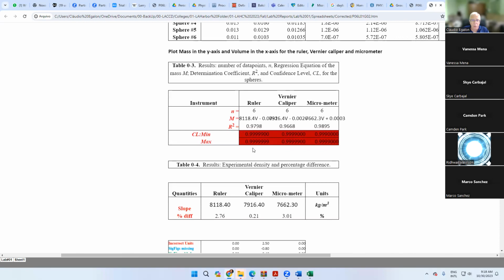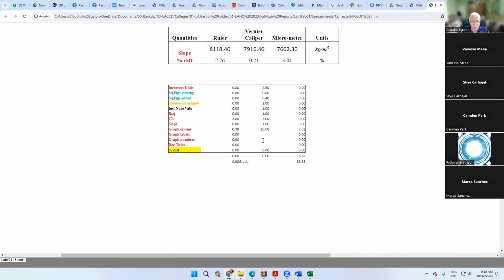Okay, so what you missed was the CL. The graph doesn't display there. That's true. But let's see what you missed. The only other thing that you missed here was the optimization of the graph.